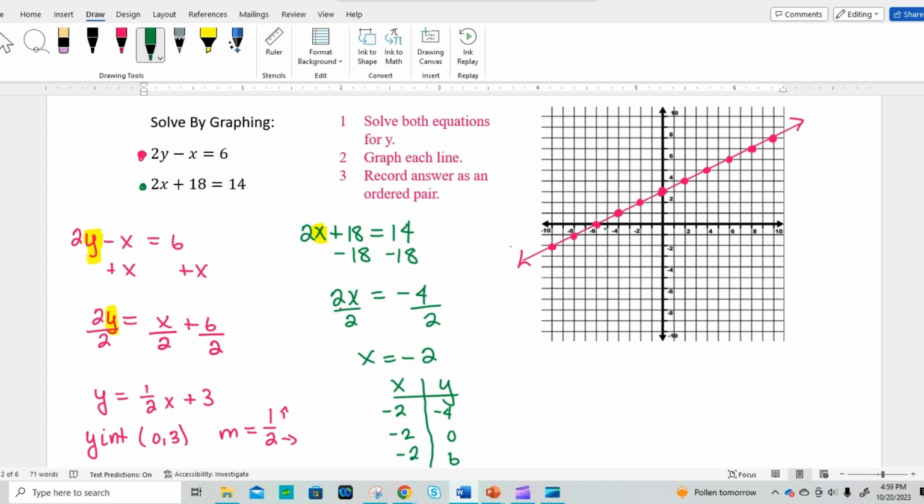So I have -2, -4, right down here, -2, 0, right here, and then -2, 6, right up here. And I will draw that line.